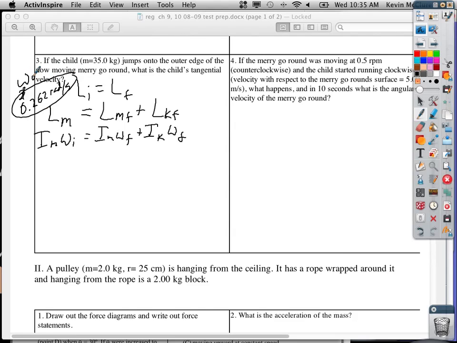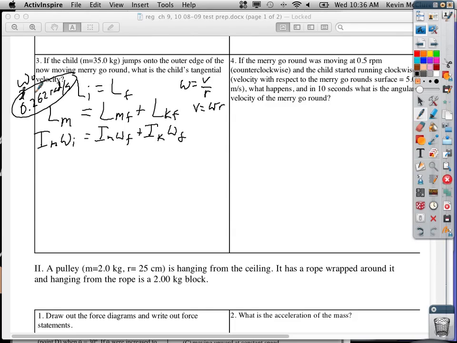And then the other thing we need to remember is that omega is v over r. So v is omega times r. Wait, 0.262 is final omega? Oh, I'm sorry. What we're assuming is that if somebody pushes this thing and gets it moving, and now it's spinning, then the kid jumps on.